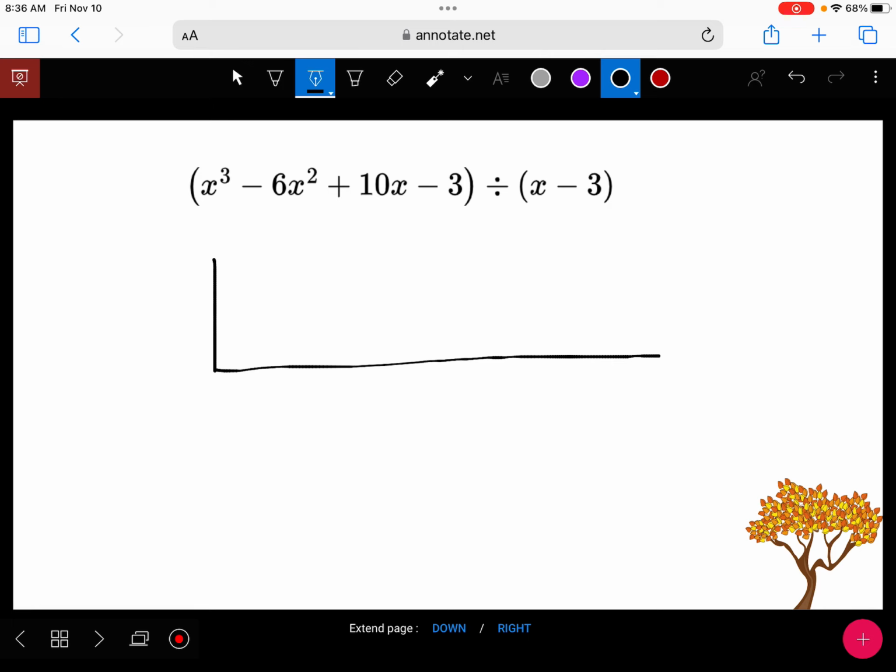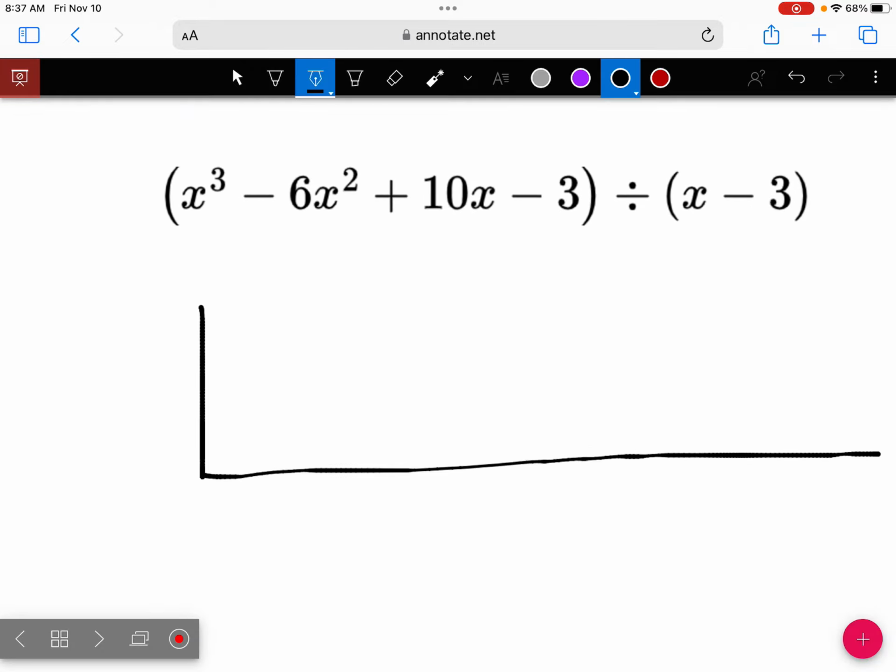And then we're going to start listing our coefficients from biggest to smallest. Before I do that, I want to make sure we've got them all. I've got a constant, and then I've got an x, and then an x squared, and then an x cubed. So we're good. It didn't skip anything. I'll show you what it looks like when it does on the next one.